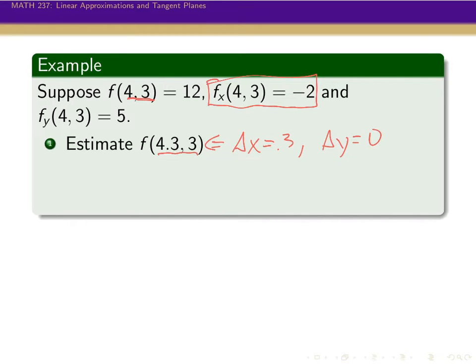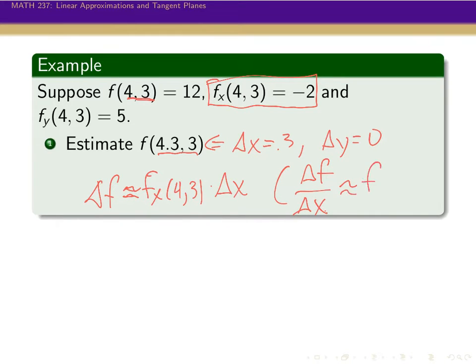And so we'd expect the change in f in total to be the value of this partial times the change in x, approximately. This really comes from the idea that change in f over change in x is what the partial derivative is telling us.